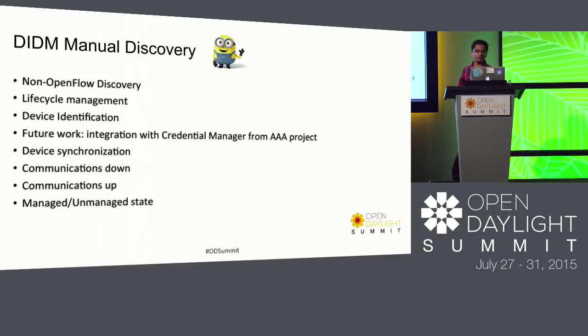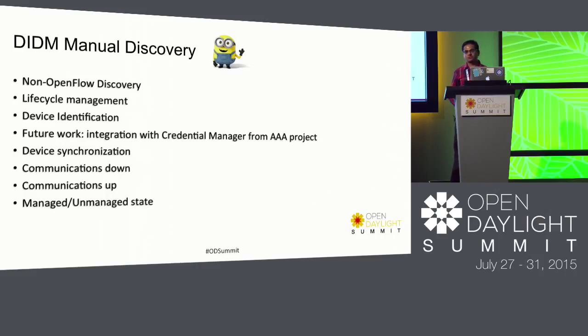Manual discovery is for non-OpenFlow devices. If you have non-OpenFlow devices in your network, you want to discover them. It goes beyond discovery. It's also lifecycle management. It manages the states of your device throughout the life cycle of the device. So it goes through device identification.